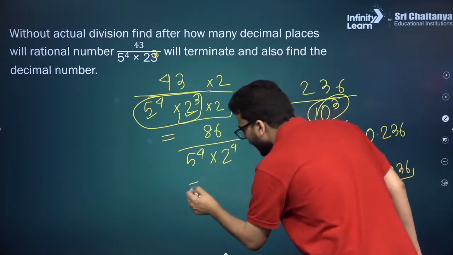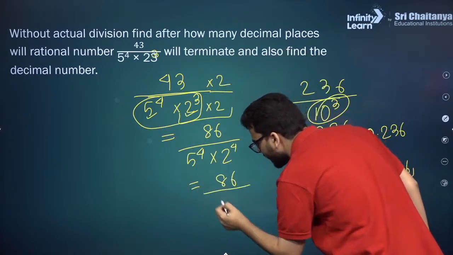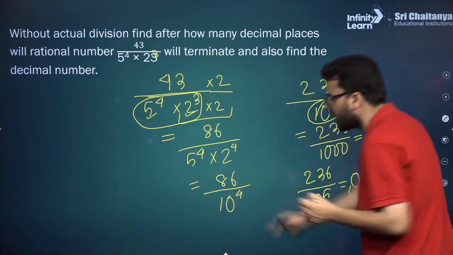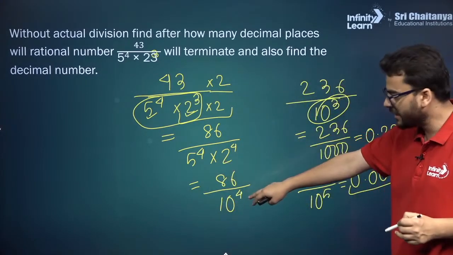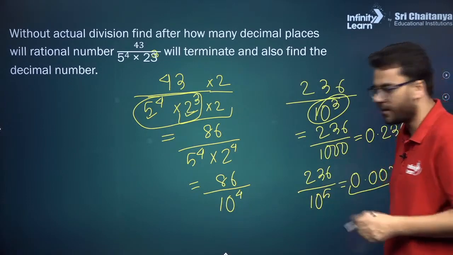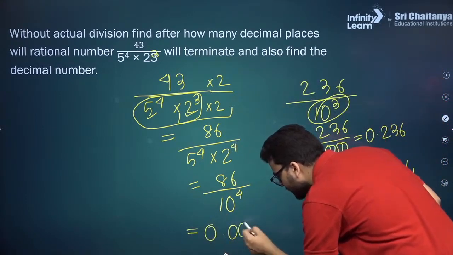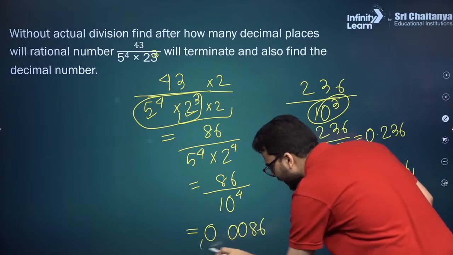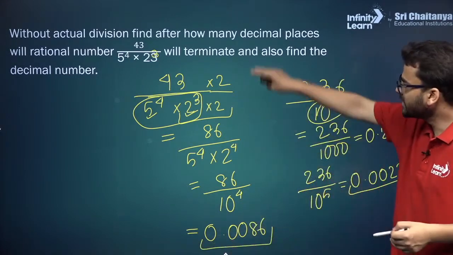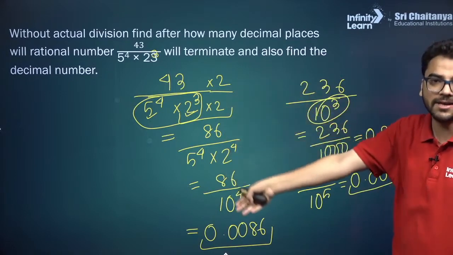Combining, it is 86 upon 10 raised to the power 4. If you convert it to decimal form, you get 0.0086. This is the answer.